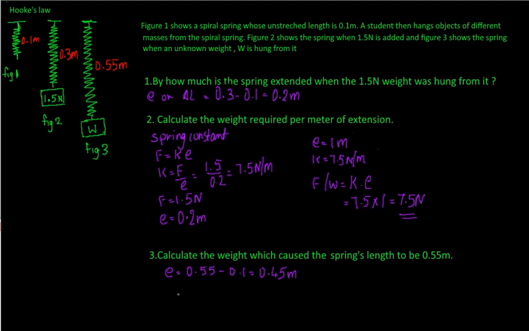And we know the spring constant, K, which is equal to 7.5 newton per meter. Now we can substitute this in the equation.